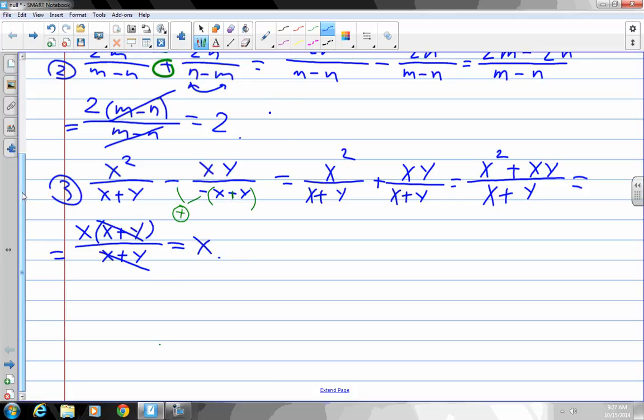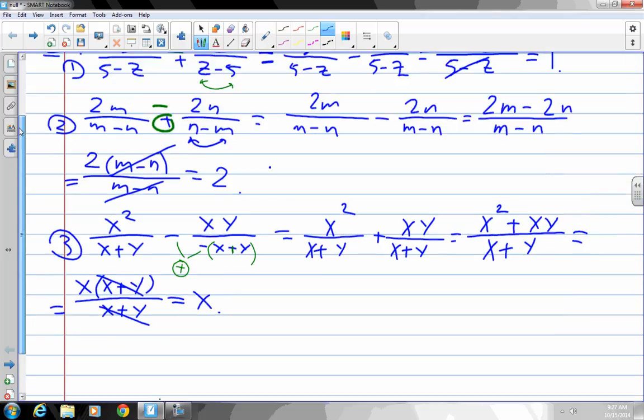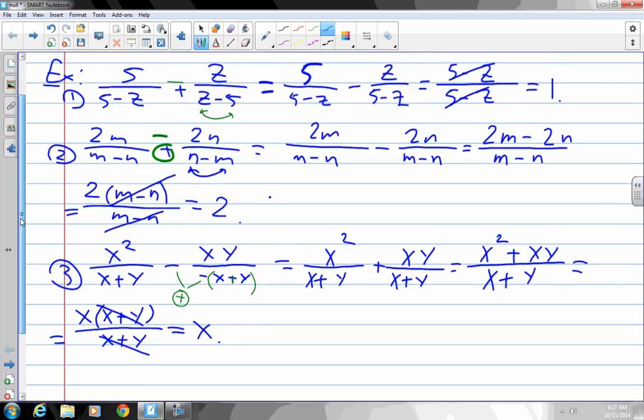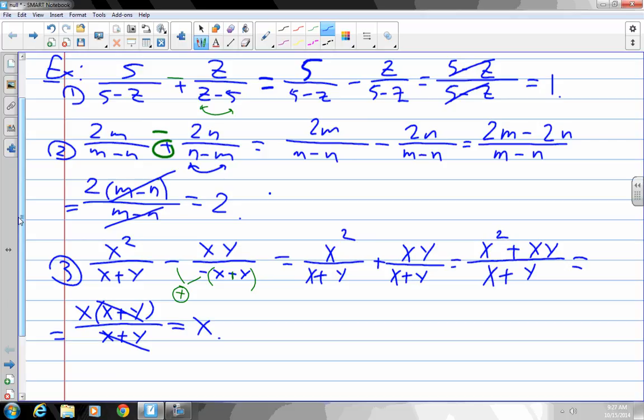And then those two negatives became a positive, so that's why that sign changed. And then you just proceed. So these are those little tricks when you can manipulate your denominators just a little bit to get them lined up. So questions on this? Is that okay?